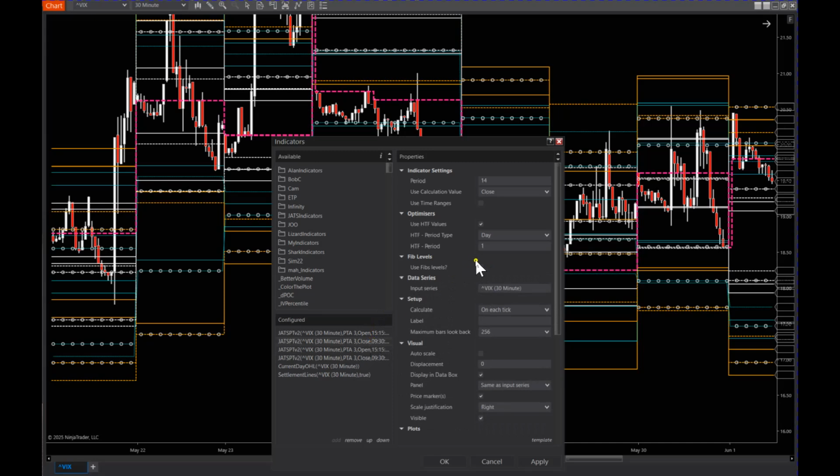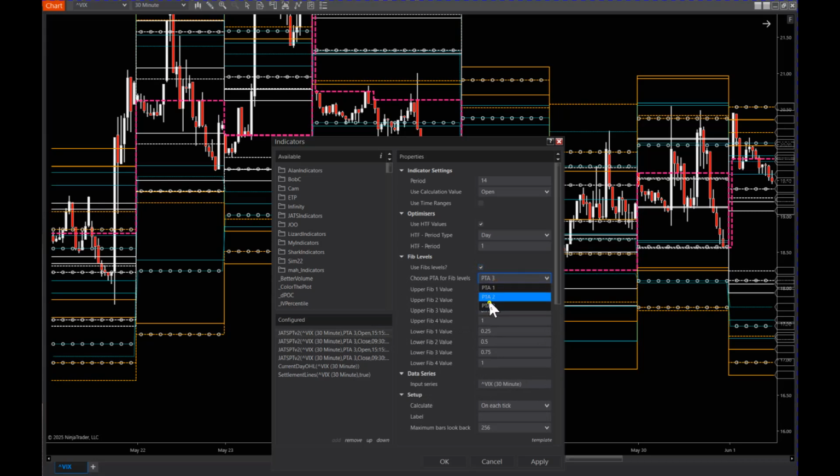25, 50, 75, and 1 will get you an equidistant measurement of inside the range carried outside. And you can do this not only on the 3, carrying the tail outside on the 3, you can carry it out on the 1 or the 2 as well. Right here. You can carry it outside 1, 2, or 3, and you can change the measurement.